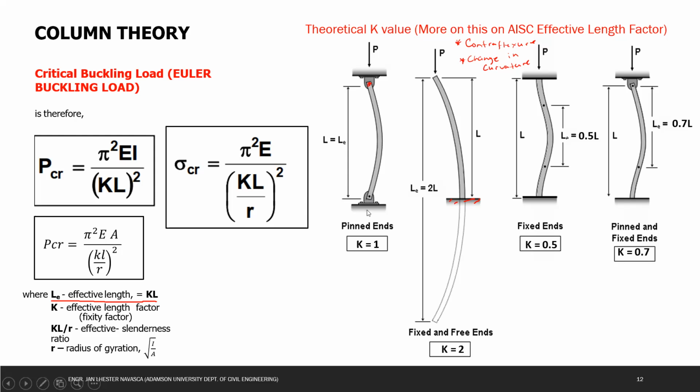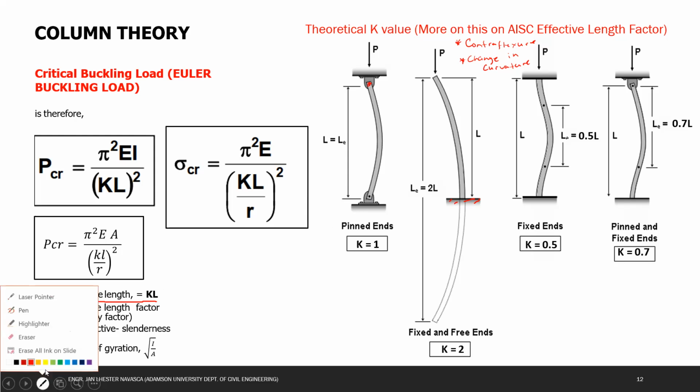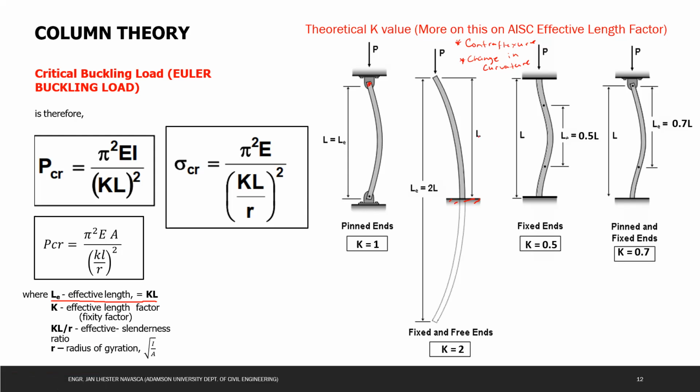So if both ends are pin, 100% of our length will buckle like this. This is the change in concavity, and this point is also a change in curvature if we continuously graph our member. Therefore LE is equal to L, and therefore K is 1.